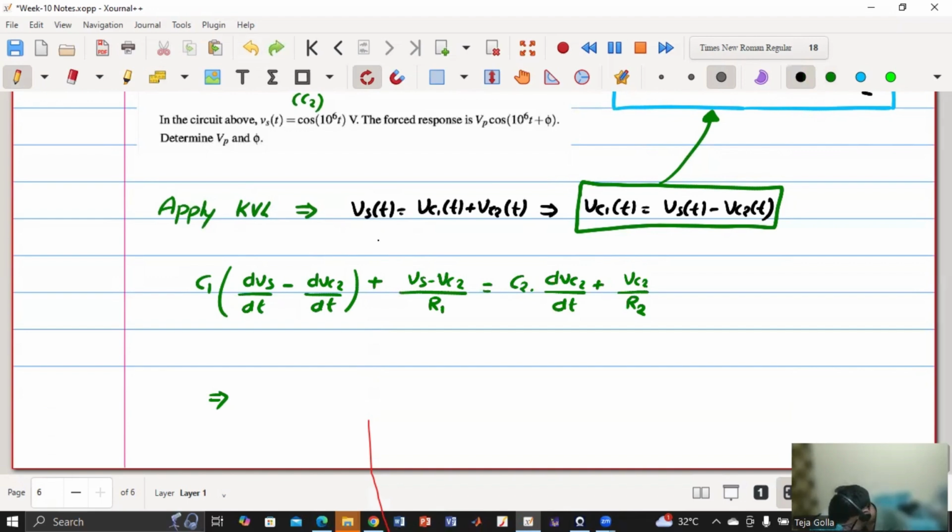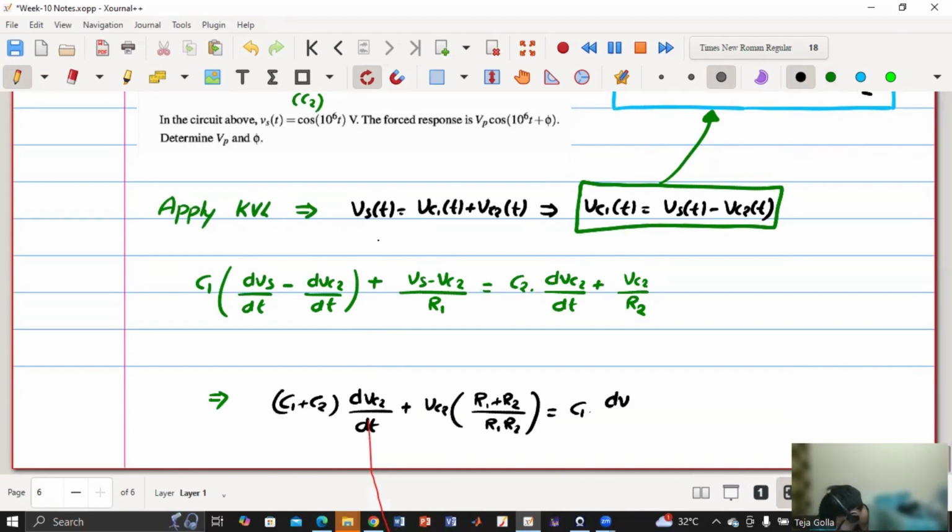We have (C1 plus C2) into dVc2 by dt plus Vc2 into (R1 plus R2) by R1 R2, skipping the simplification steps, is equal to C1 into dVs by dt plus Vs by R1.